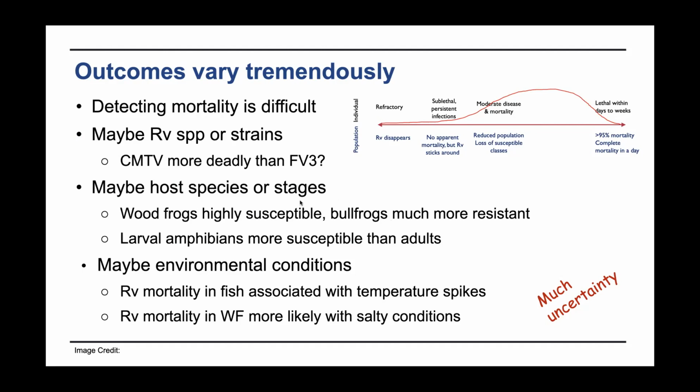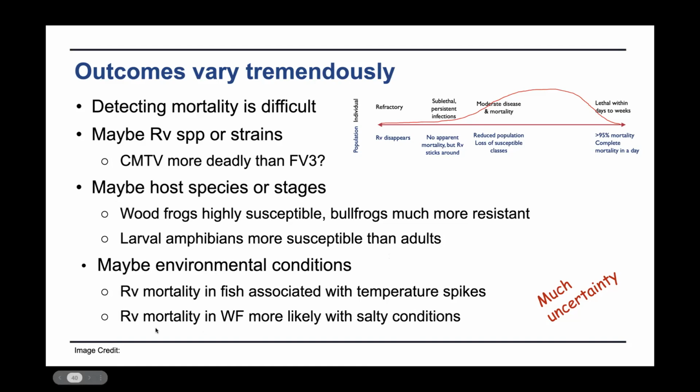And then there's different stages, like Greg was saying. Larval amphibians tend to be more susceptible than adults. In the fish viruses, it tends to be the juvenile fish that are much more likely to suffer mortality from ranavirus than the adults. And then lastly, environmental conditions are certainly playing a role in this. So again, back to the fish, a lot of mortality events in fish are associated with stressful events like temperature spikes or oxygen deprivation.